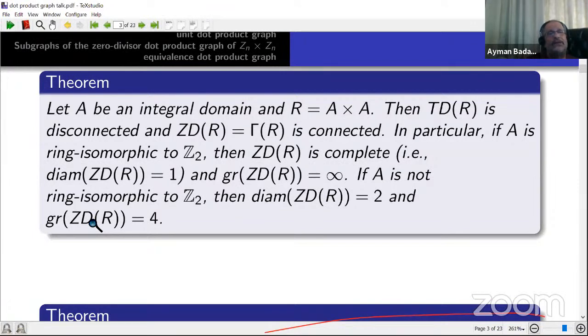That will be the length of the cycle. And the diameter, first you need to know what we mean by distance. Distance between two vertices is the minimum number of edges we need to go from A to B. That's the distance between two vertices. And the diameter, you take the maximum of all distances.